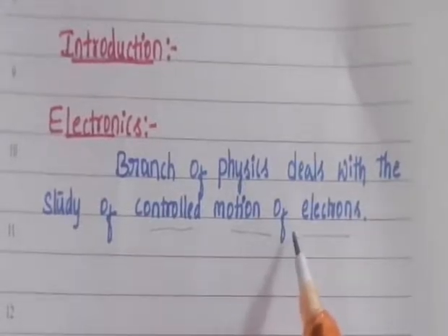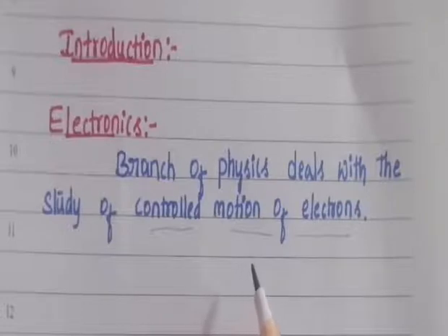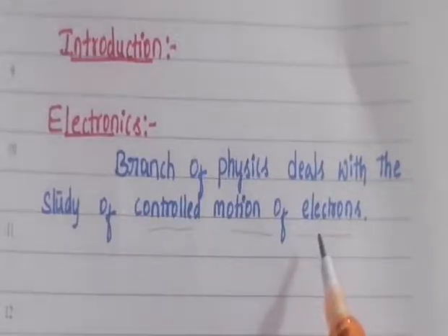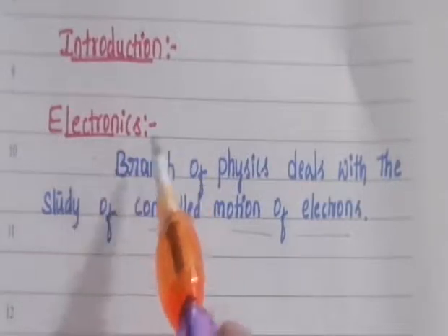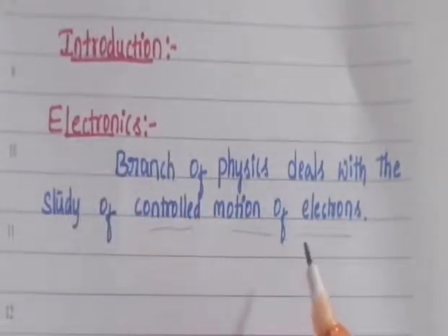Controlled motion of electrons means we can control the motion of electrons in two ways: by controlling the number of flowing electrons, and also by controlling the direction of flowing electrons. By these two ways we can control the motion of electrons. That branch is called electronics.